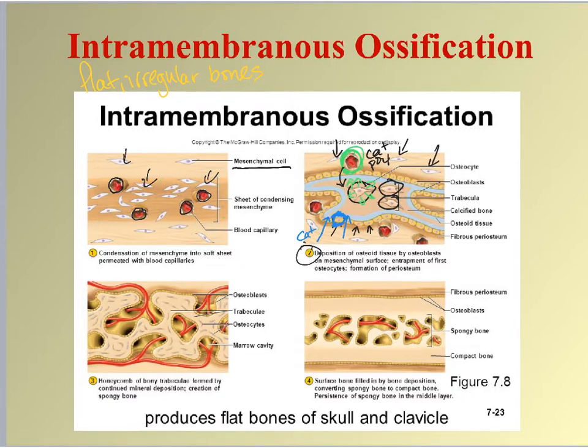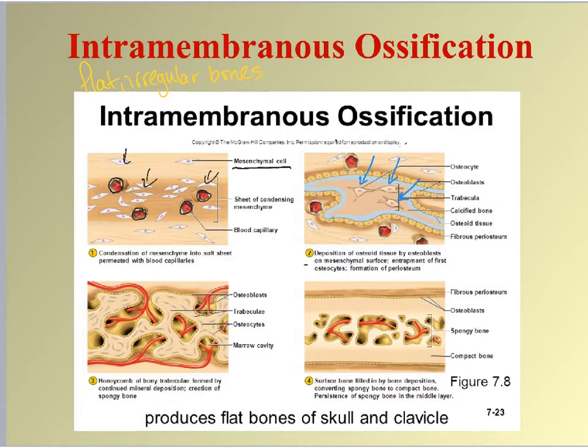So let me erase all of this that I just drew on here, and let's have another look at this. The very first osteoblasts that had originally come in have now converted themselves to osteocytes because they got stuck in that calcifying ground substance.